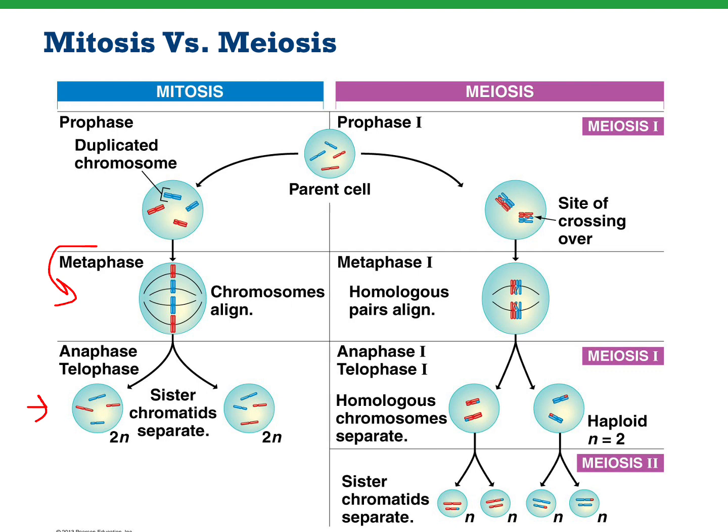Does crossing over occur during mitosis? In meiosis, a somatic parent cell will duplicate chromosomes and crossing over will occur. The homologous pairs again align and separate into two haploid cells.